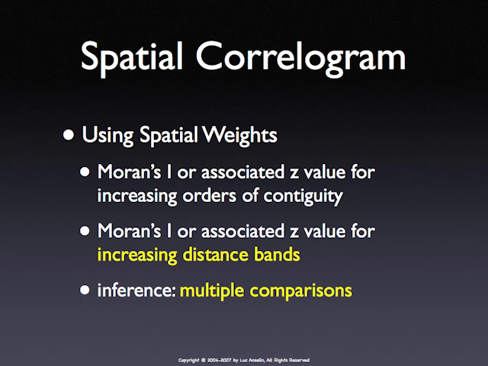So is that the z-value that you can construct from GeoDa at the bottom of the Moran's I plot? Mm-hmm. Yeah. So at the bottom of the Moran scatter plot, you have an estimate of the mean, but this is an empirical mean, and you have an estimate of the empirical variance, so then you can construct a z-value. Now, the z-value you get from the scatter plot is an empirical one.